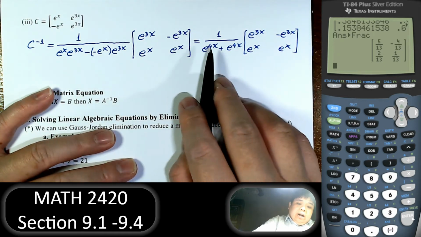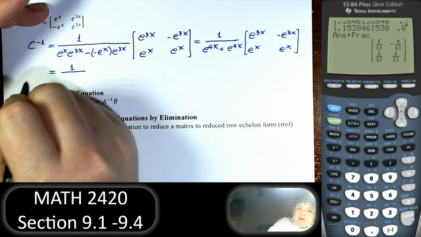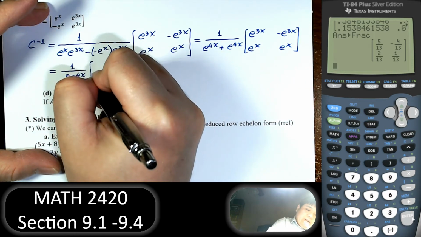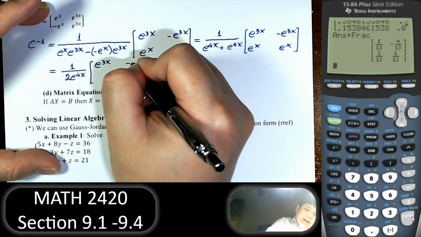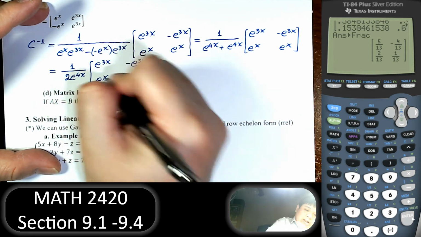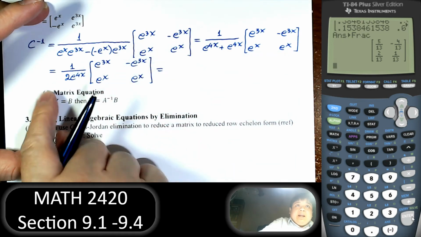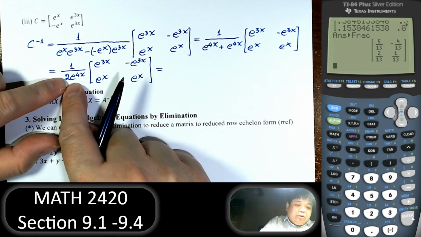Multiply that, it gives us 1 over 2 e to the 4x, I mean combine them. E to the 3x, negative e to the 3x, e to the x, e to the x.